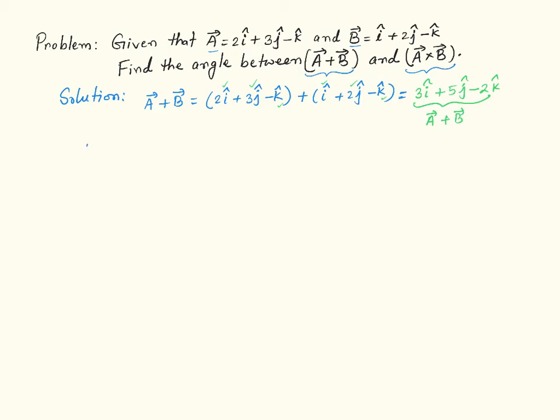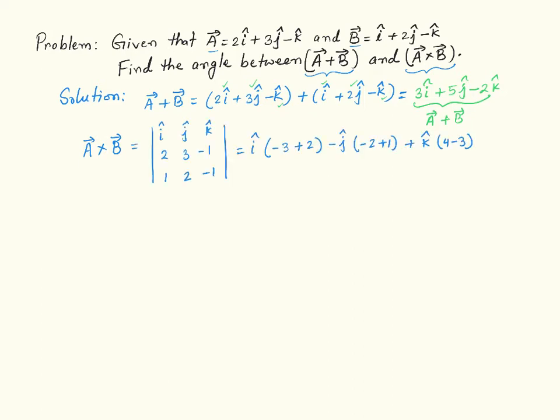Now I need to find A cross B. To find A cross B, we are just going to use the definition of cross product and do the standard operation. So we are going to get the determinant here.